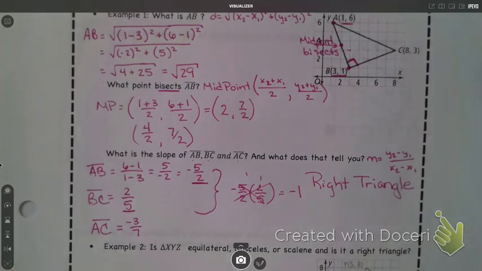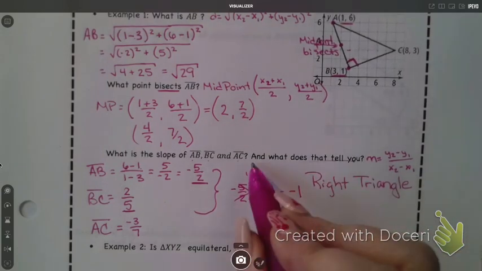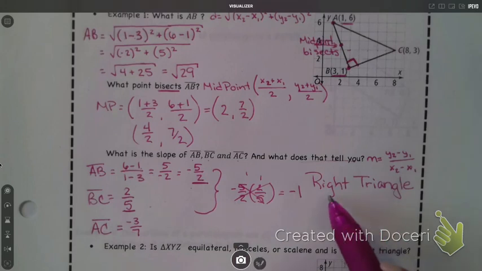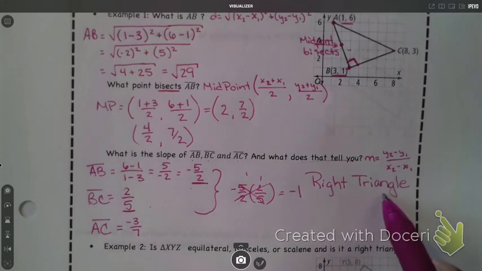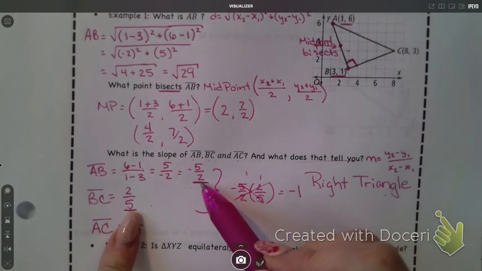So are you going to have to remember perpendicular and parallel also? Probably. Yes. Because it says, and what does this tell you? Well, these slopes told me that it's a right triangle. If you do not on your sheets have perpendicular slopes or negative reciprocals of each other, should you add it to those sheets?